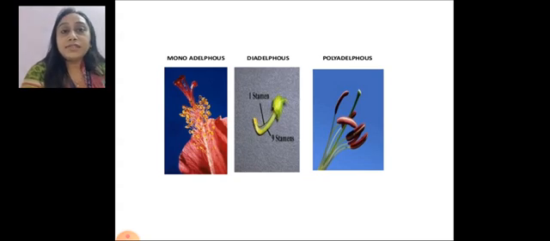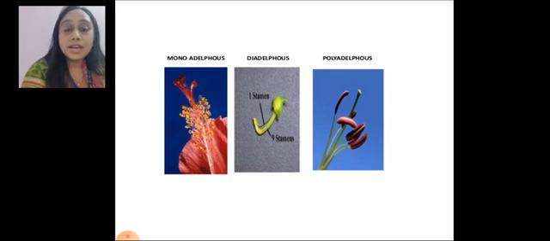In monoadelphous, all the stamens are present in only one group. Take this example. The first image is from a China rose or hibiscus flower. You see all the stamens, their bases are connected, they are joined. Only the upper part of the filament is separated.